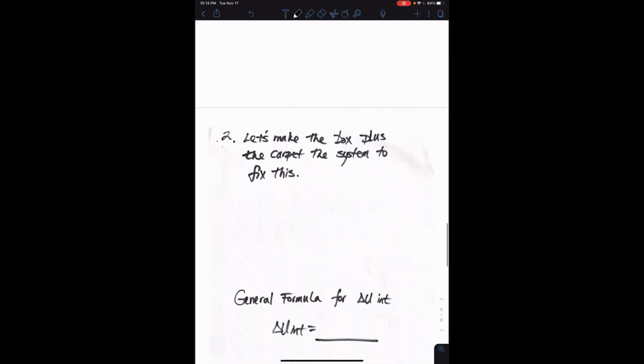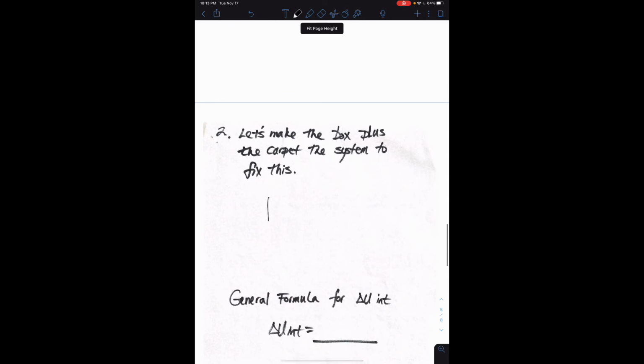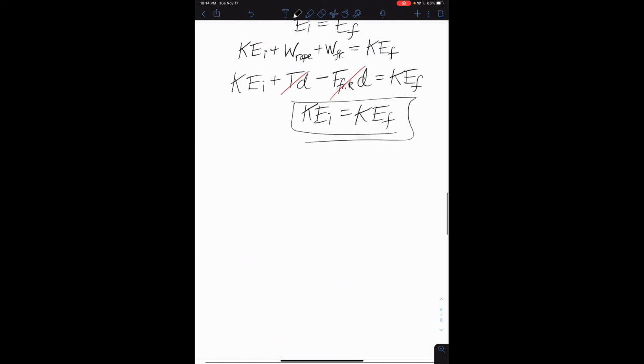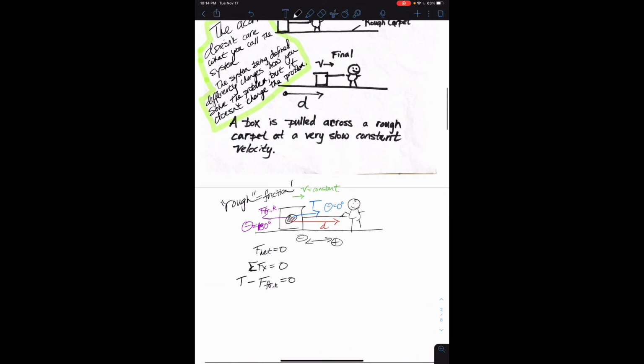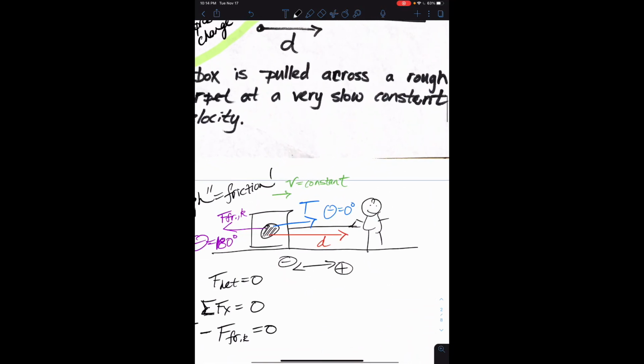So let's redraw it. Oh yeah, that was a good smiley face that time. All right. This time, I think last time did we say that the box itself was the system? Well, I'm saying it now.